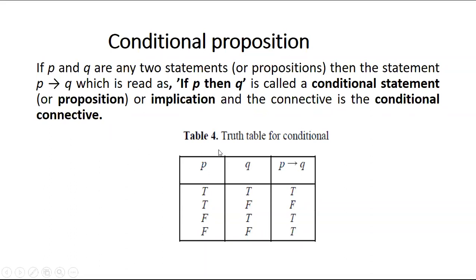P implies Q is false if P is true and Q is false, and remaining all other conditions are true. Again, I am going to repeat it. If P is true and Q is false, then P implies Q is false. Remaining all other conditions are true. Okay?